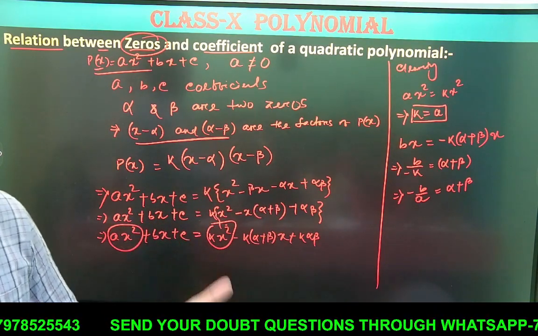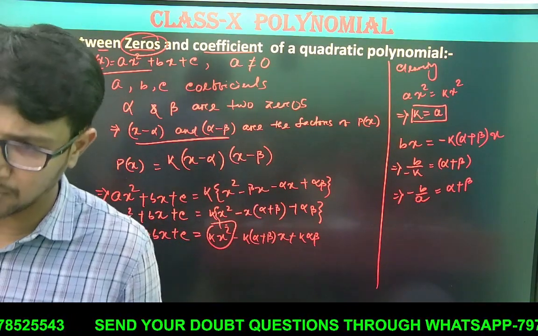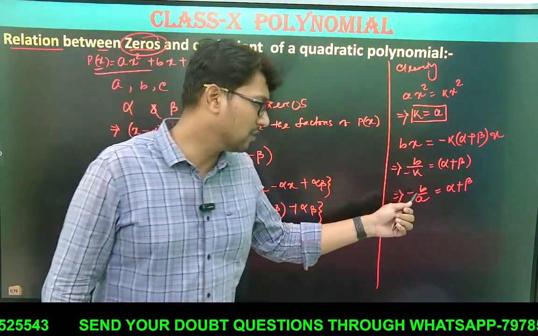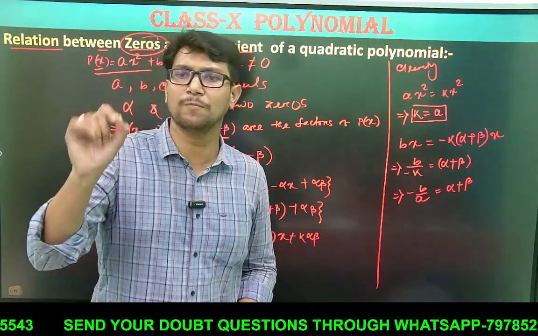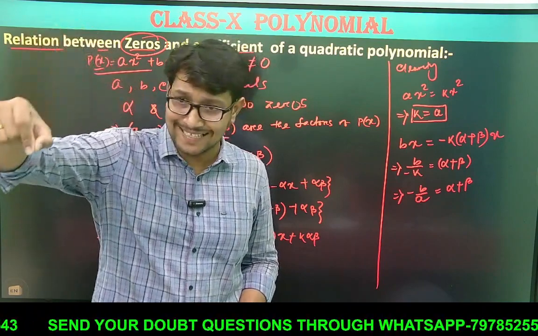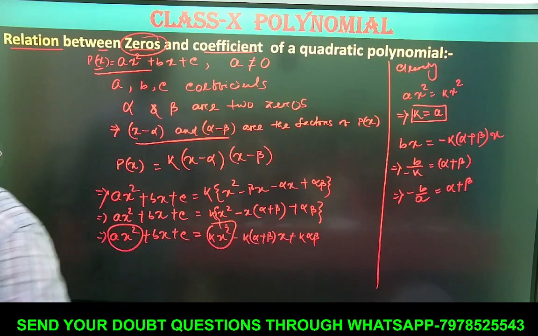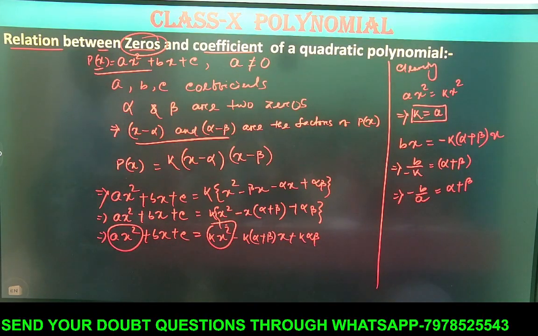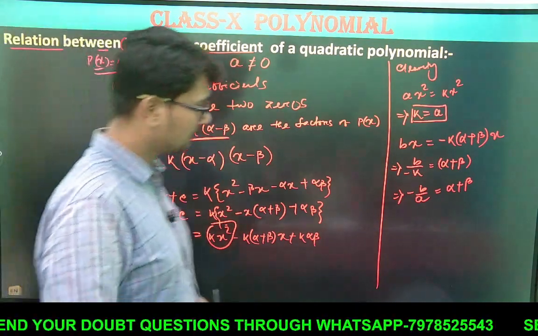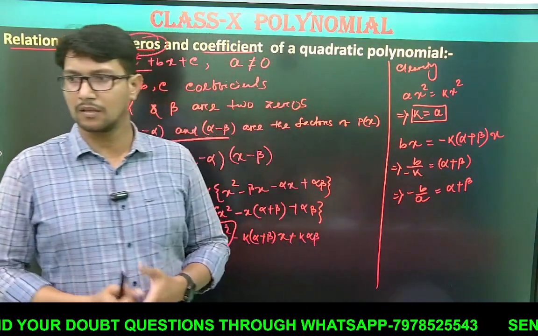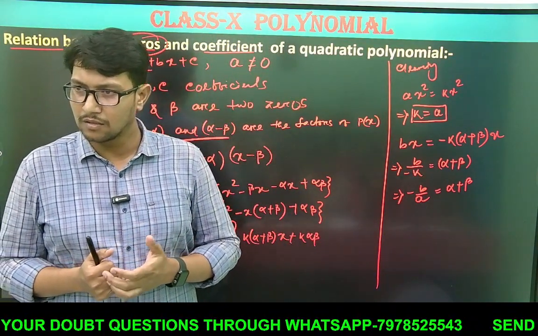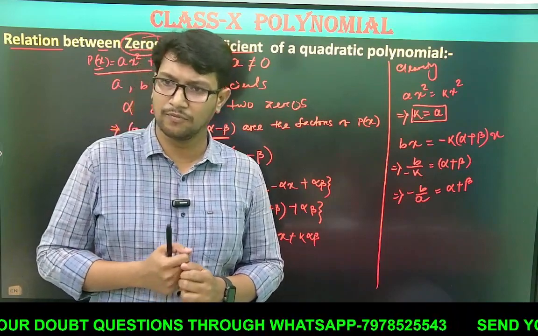So the sum of zeros of a quadratic polynomial equals minus b by a. And b is the coefficient of x, a is the leading coefficient. Who has not understood? Tell me. If any doubt, tell me.